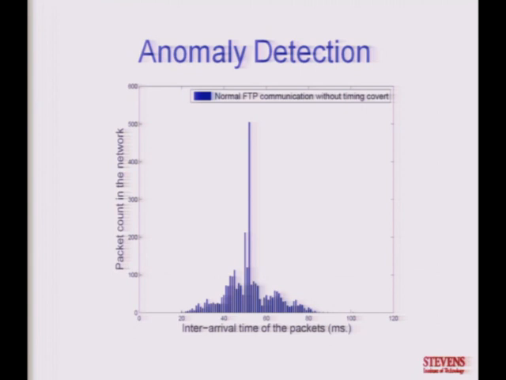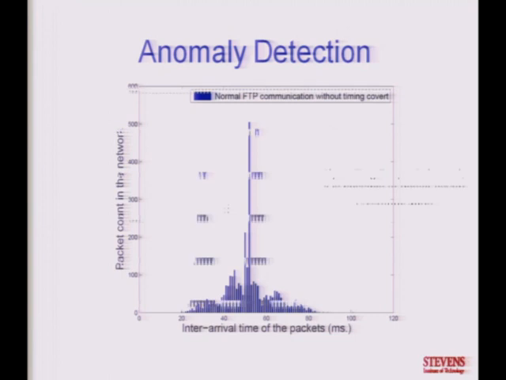It's going to be random. But there's a peak around the mean, and the rest of it is distributed like this. In fact, we did some more, and with a larger number of packets, it can be approximated by a Gaussian. This is when there is no covert communication, just normal FTP.